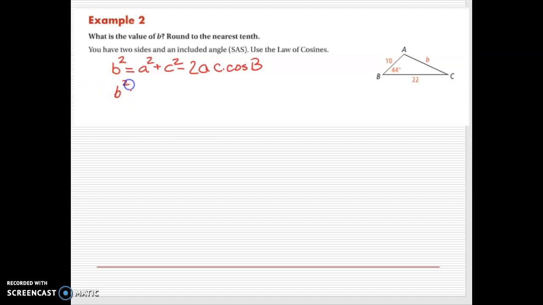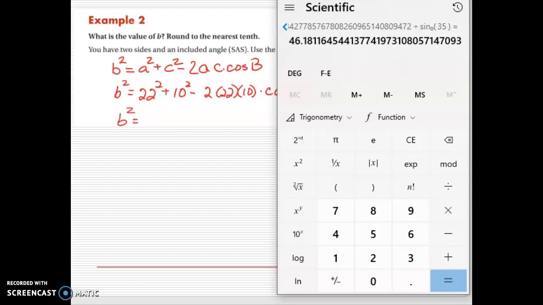B squared equals 22 squared plus 10 squared minus 2 times 22 times 10 times the cosine of 44. So this really is just putting all these numbers together. Okay.